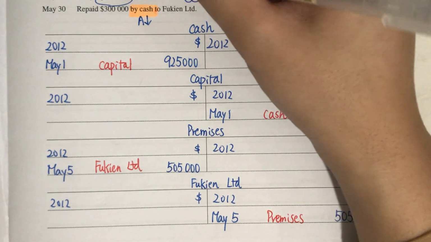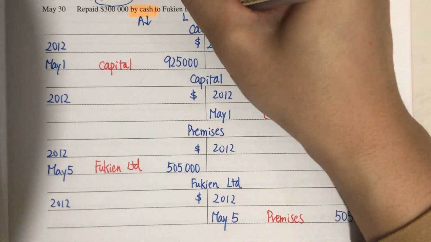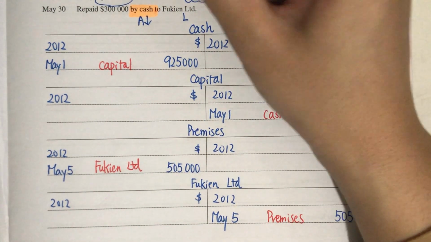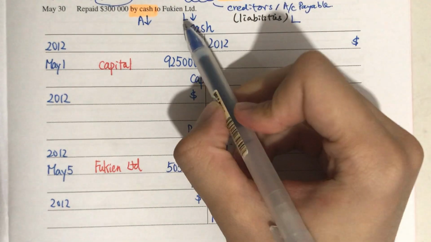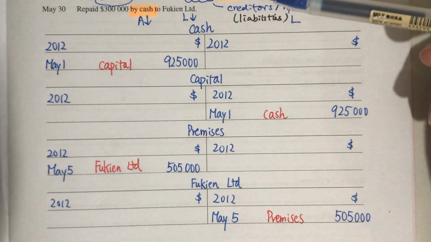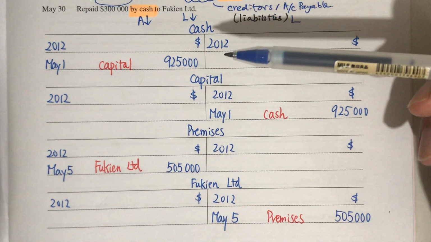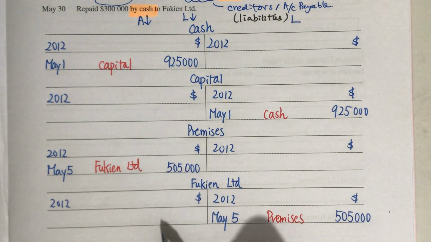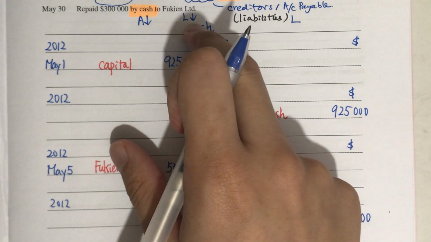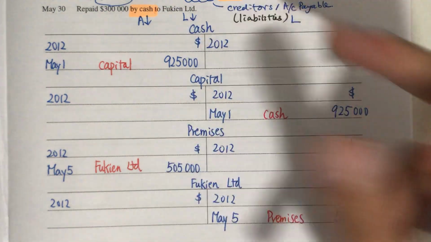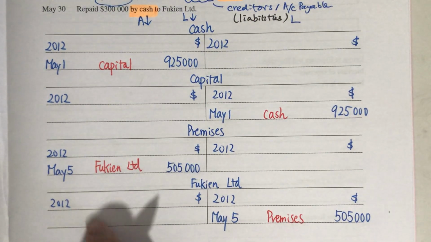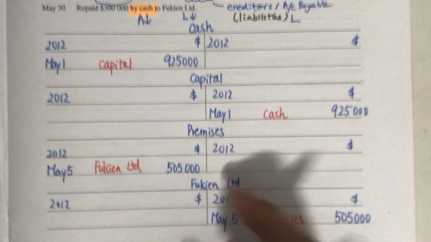And also for the Fokin Limited, there is a decrease in the liability. Okay, so a decrease in liabilities implies that we need to put the amount on the debit side of the Fokin Limited account, because a decrease in liabilities implies that we need to record this transaction on the debit side for the Fokin Limited.